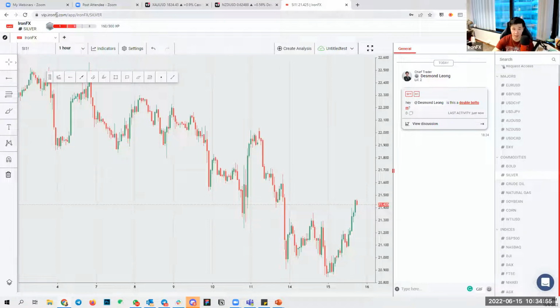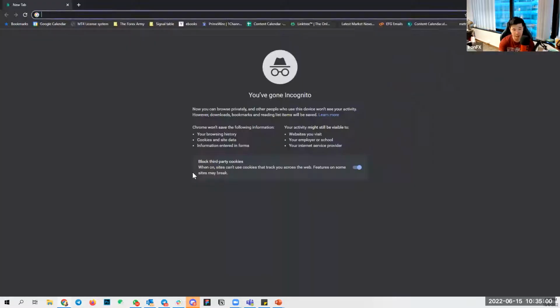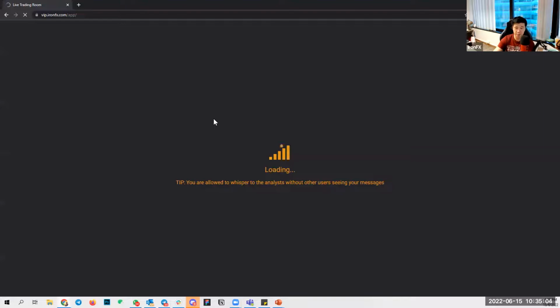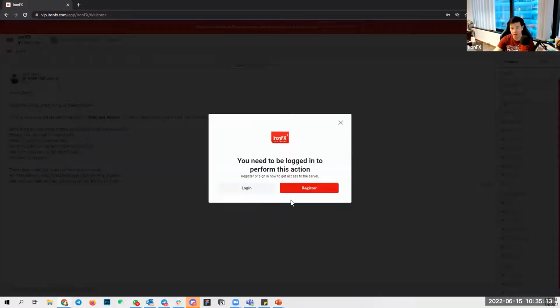What you need to know is that when you are in the IronFX room, some people might be a little bit confused, because when you come in here you will be in this thing called preview mode. In the preview mode, you just need to click on join IronFX server and register.